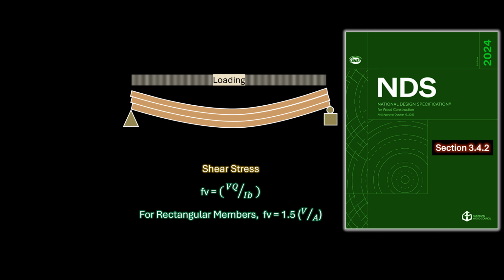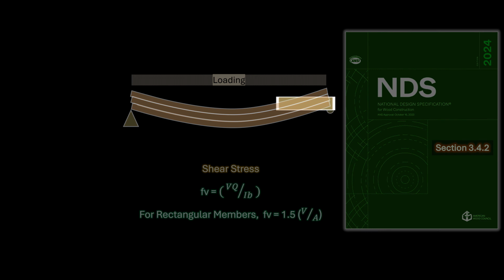Therefore, in order to calculate the maximum shear stress, we need to calculate the maximum shear force. The maximum shear force on a member with a uniformly distributed load occurs at the supports. When calculating the maximum shear in this example, we will use the maximum shear at the supports.